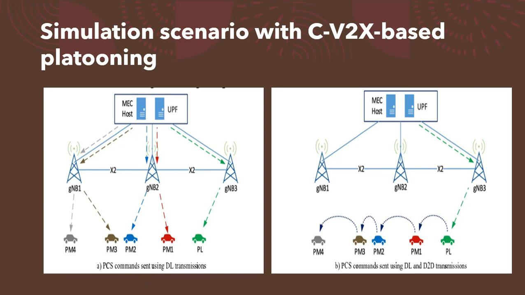Each vehicle runs one application that sends information about the vehicle position and speed to the MEC application at the MEC host every period of time. The MEC host runs the platoon formation service.